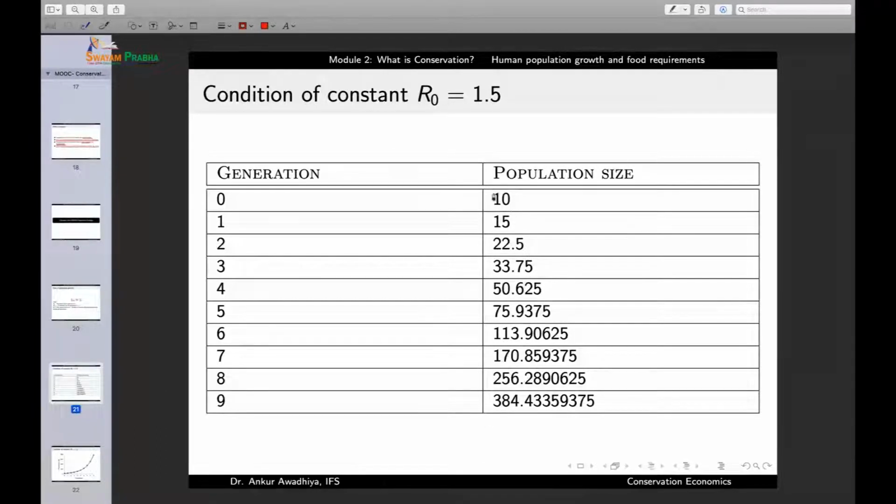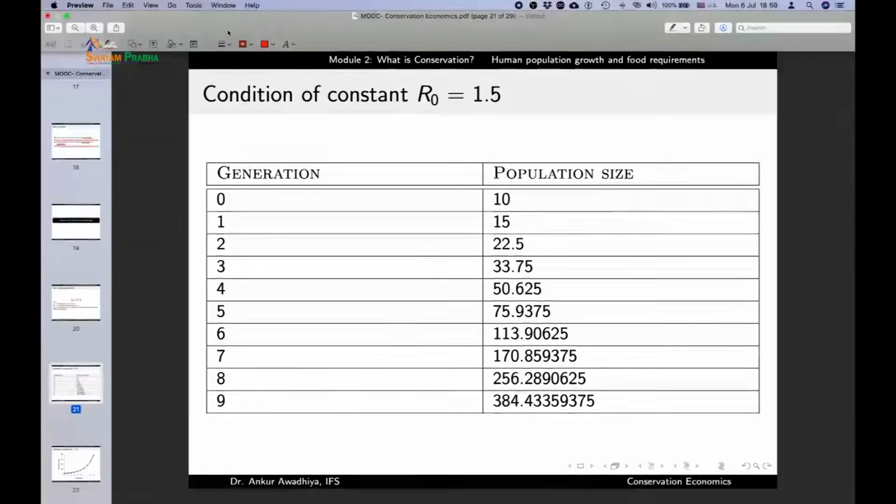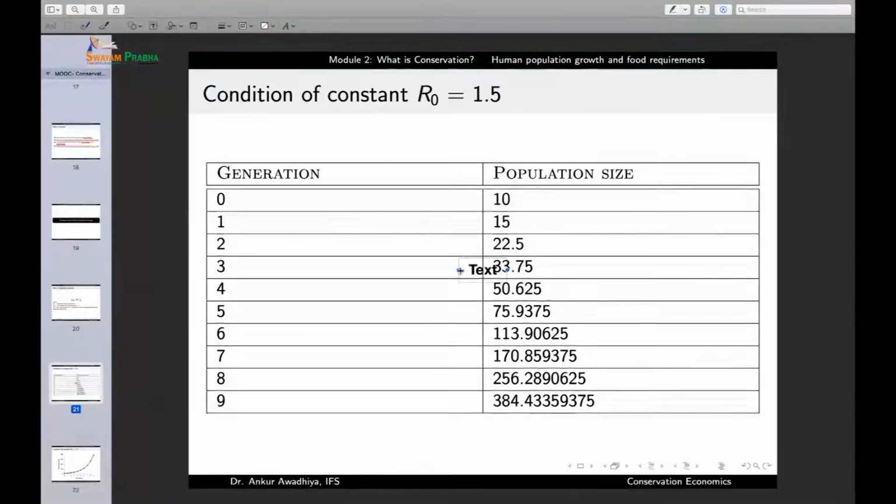So, from the zeroth generation with a population size of 10, in the first generation we have a population size of 15. So, there is an increase of 5 here. Now, from the first to the second generation, there is an increase of 7.5. So let us write it here. So here the increase is 5.